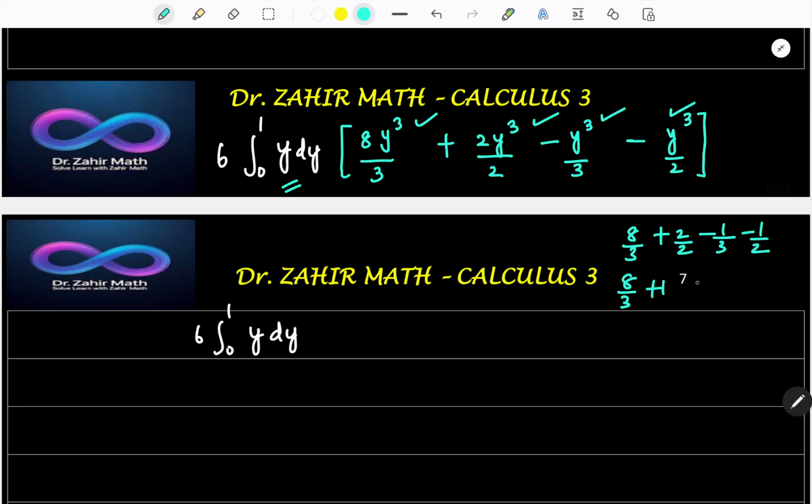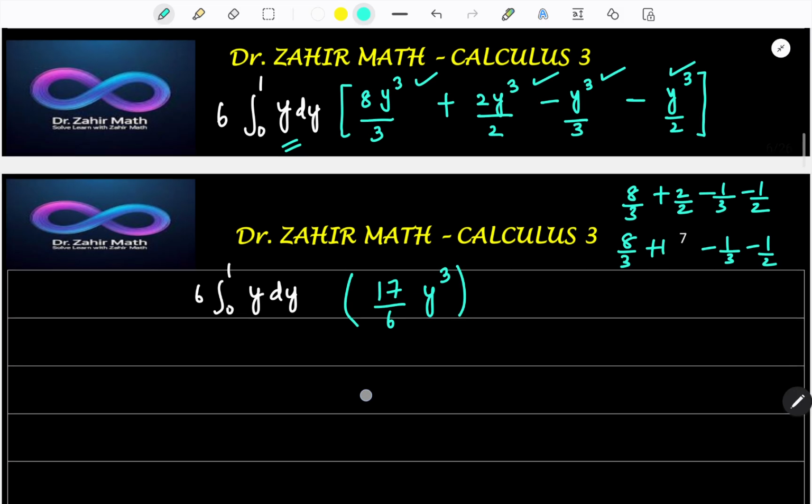Fraction mode 8 divided by 3 and then plus 1, then minus fraction mode 1 divided by 3, then minus fraction mode 1 divided by 2. So all together, it is 17 by 6 y cube.